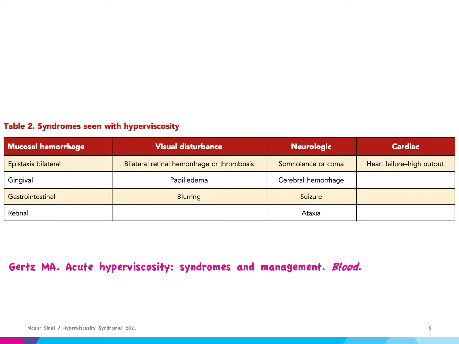You'll see visual disturbances, and neurological manifestations can go up to coma, but you can have seizures and ataxia, and you can even have high output heart failure as well. In terms of leukostasis, you can also have respiratory symptoms. You can have alveolar congestion as well.